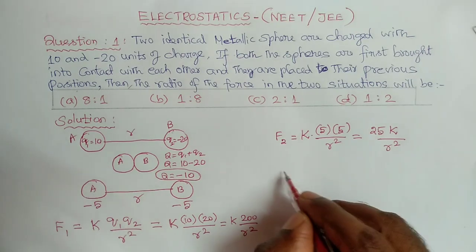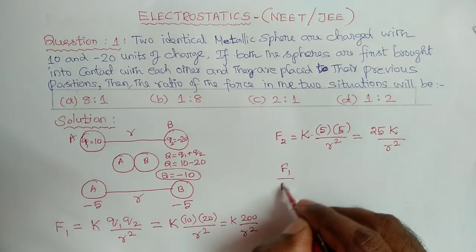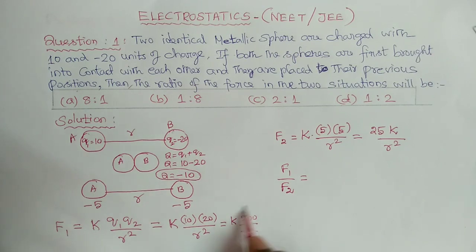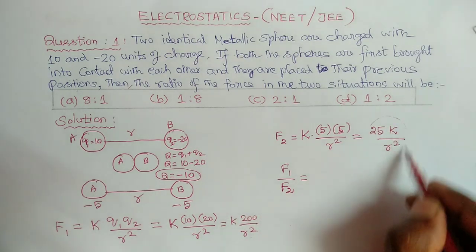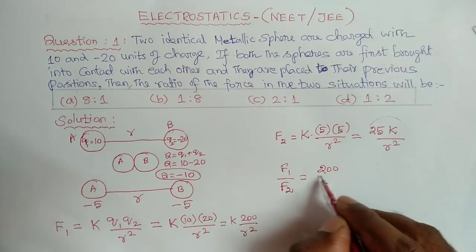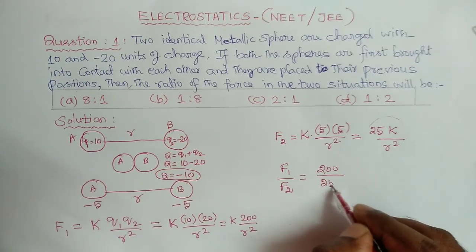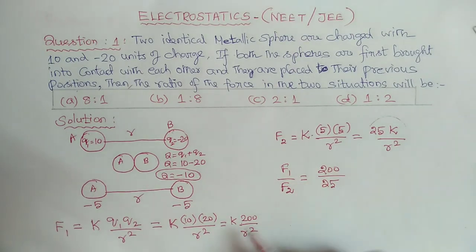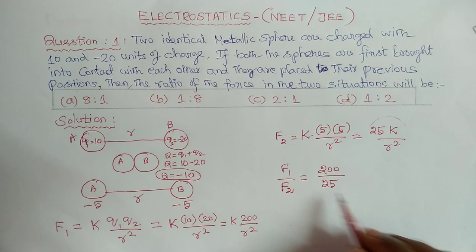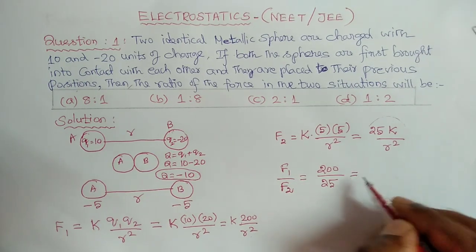So we will divide these two values. We take the ratio F1 by F2, which is equal to this value divided by this value. So K and R squared get cancelled, remaining 200 divided by 25.